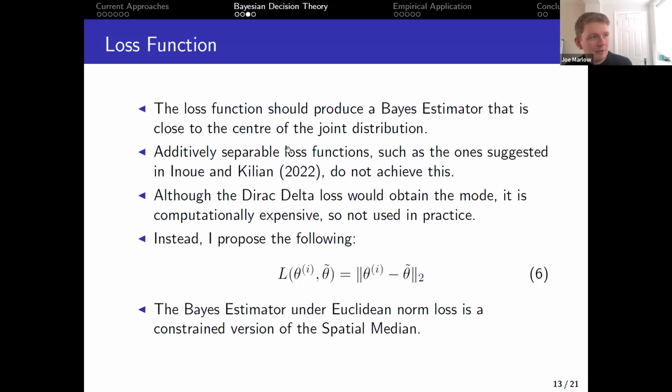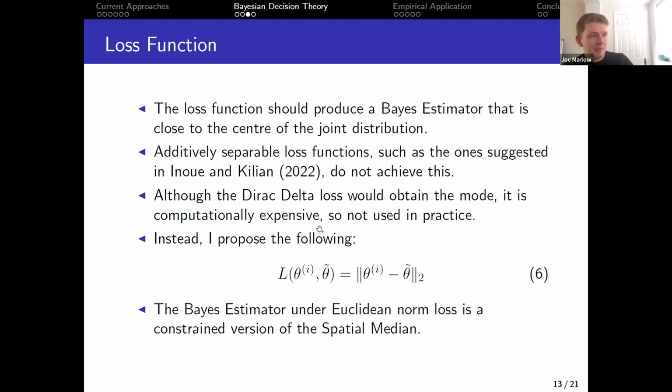So additively separable loss functions generally are quite close to their pointwise counterparts. And the angular loss, which is also proposed by Noah and Killian, will give you the most likely shape of the impulse responses, but not something which is closest to the central distribution. Okay. One loss function which does do this is the direct delta loss, but computationally this is very expensive, so people don't tend to use it in practice.